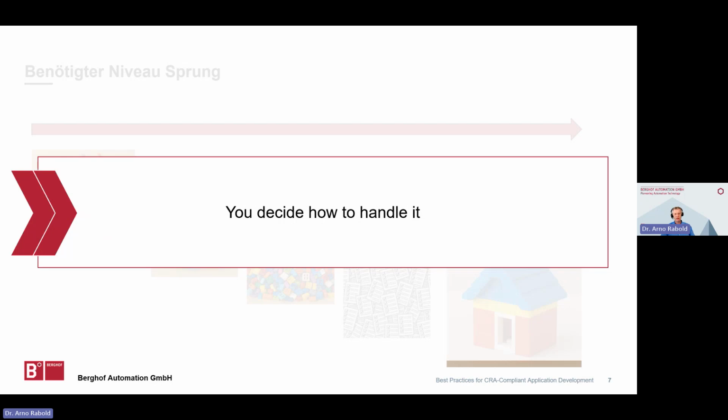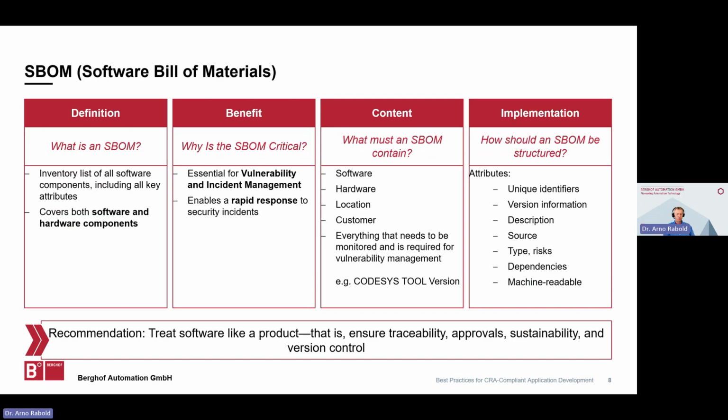So it's better to do it correctly the first time. As a starting point, we can step a little bit back and have a look at the SBOM. What does the SBOM tell us, and how should the SBOM look?